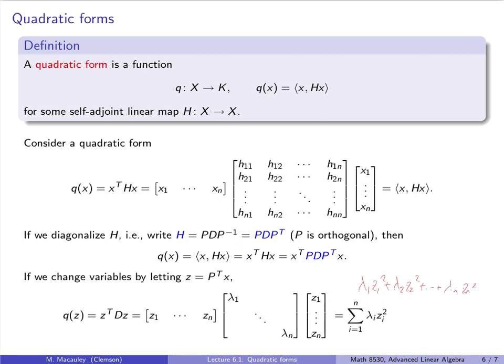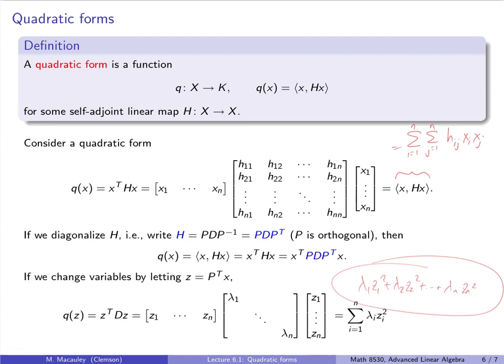And I want you to compare how much easier that is than what we had up here, where this was equal to the double sum from i equals 1 up to n and j equals 1 up to n of hij times xi xj.